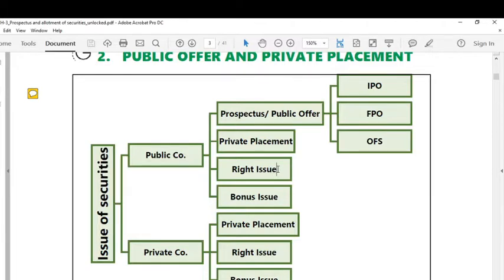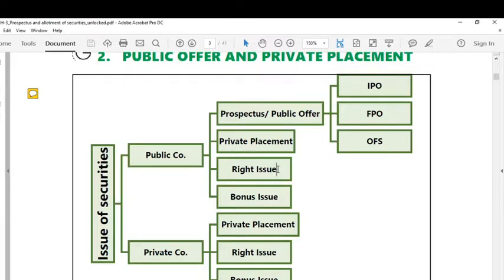And the existing shareholders can also be given a right to renounce, which means they can subscribe to the new shares issued under the right issue, or they can also be given an option to transfer the right to subscribe for the shares on their behalf to someone else.